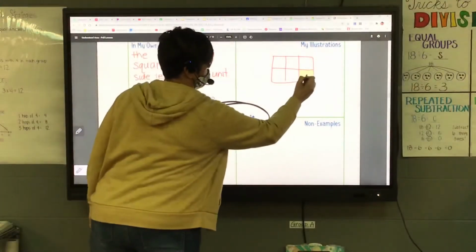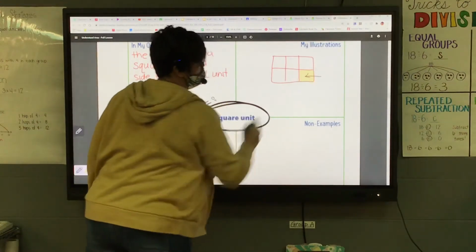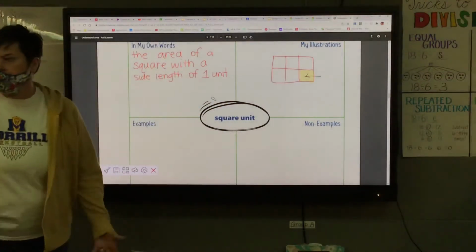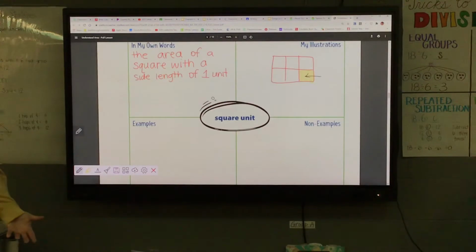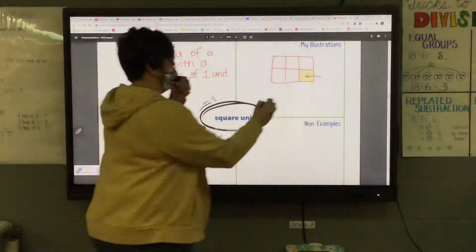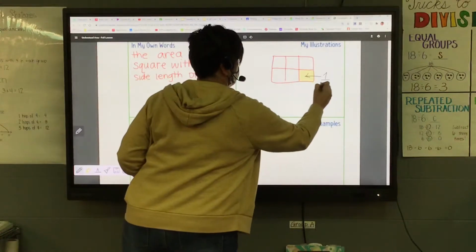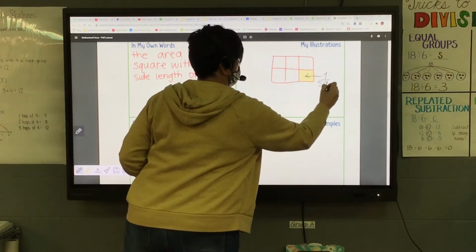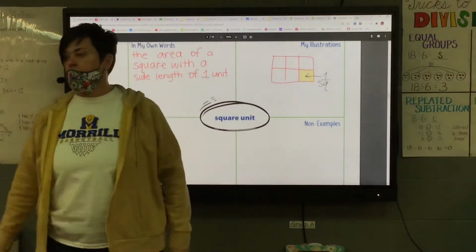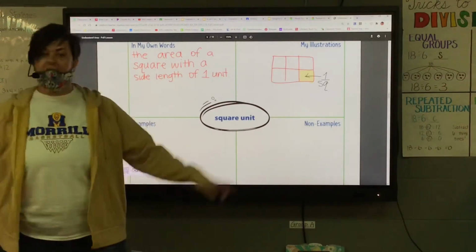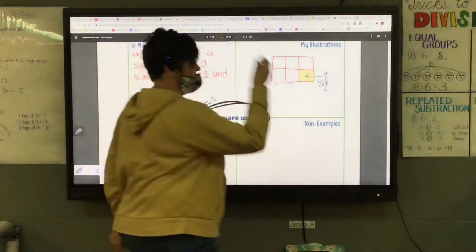So this right here is what? 1 unit. It's 1 square unit. Do you know how to abbreviate square in math? SQ period.